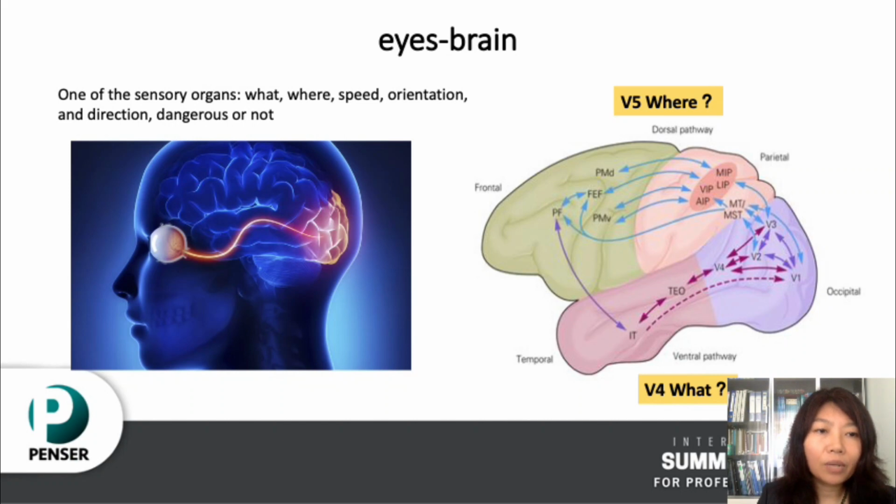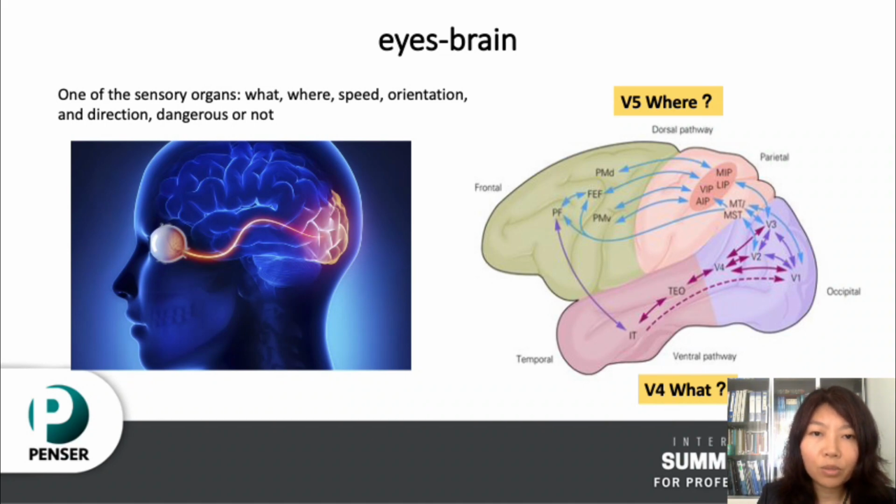So we know that from our eyes we receive a lot of information, and then all this information goes to our brain, to the primary visual cortex, V1. But from here, the information goes in two pathways: the dorsal pathway and the ventral pathway.